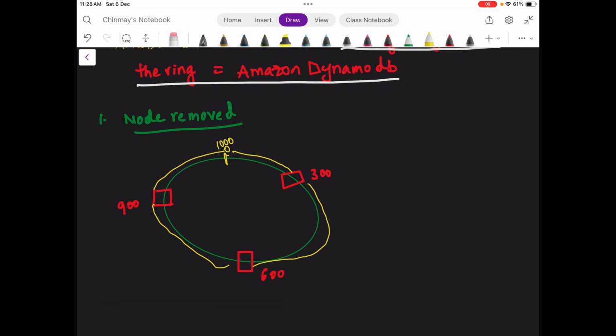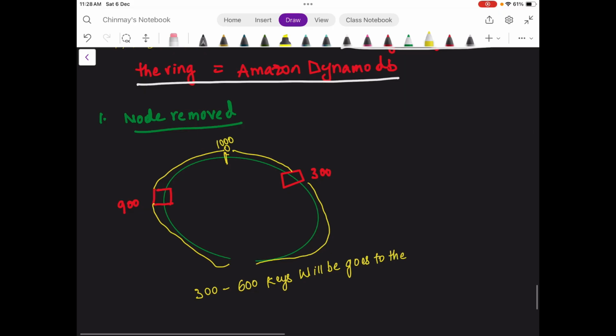For example, this node is dropped. What happened here? The 300 to 600 keys will go to the 900 hash node, that is node 3.